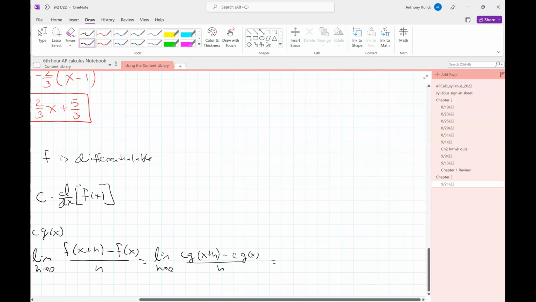I notice that I have a greatest common factor of c in the numerator. Everybody see that? And since that c doesn't involve the argument of our limit, there's no h involved with that c, I can take that c and pull it all the way outside the limit.